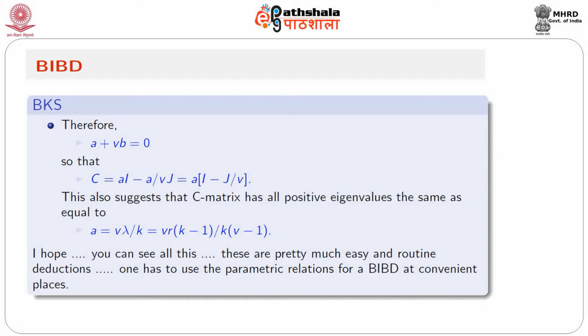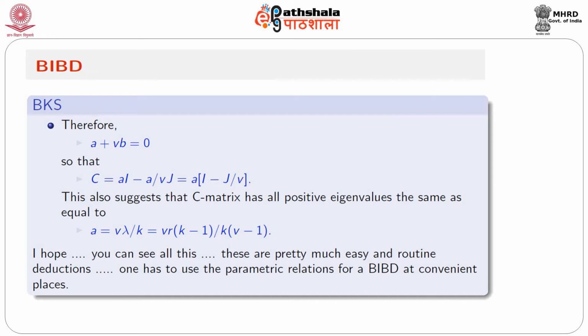This suggests that the C matrix has all positive eigenvalues the same. They are all equal, and that constant eigenvalue is given by A, which is lambda v over k, and using the parametric relations, that A is nothing but v r (k minus 1) over k into (v minus 1). I hope you can see all these things are straightforward.